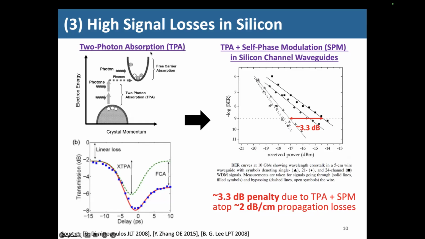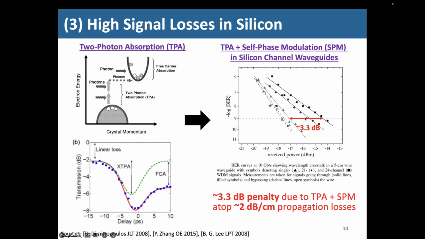But 2-photon absorption can really kick in silicon when we have a very large degree of wavelength division multiplexing, right? And 2-photon absorption can lead to free carriers in the conduction band, which can also lead to subsequent free carrier absorption, and that penalty can be significant.